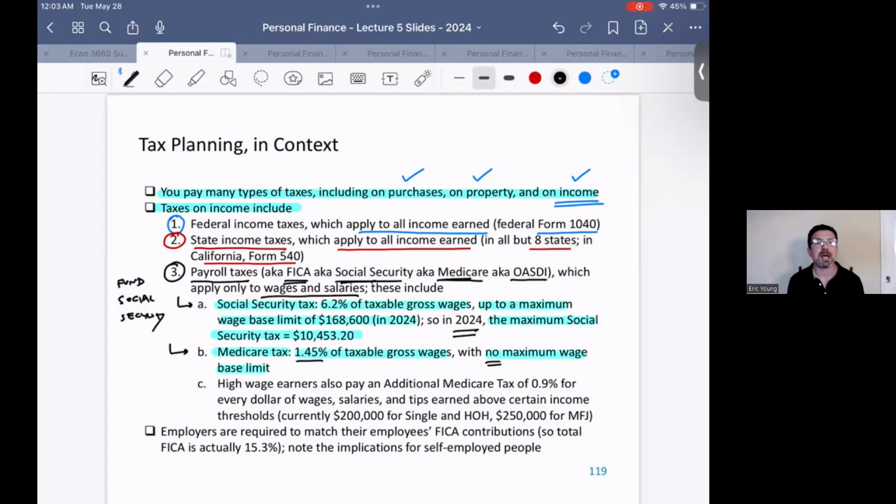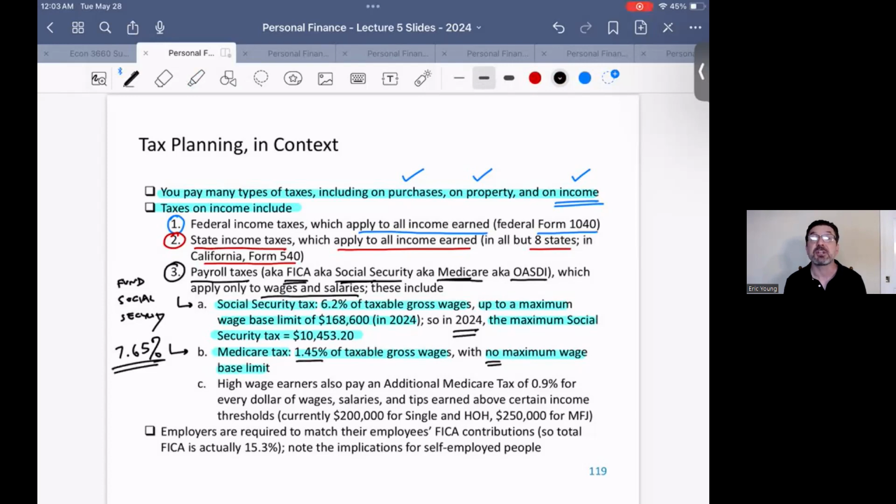So those are the two types of taxes that make up your Medicare, Social Security, FICA, whatever you call them, taxes. Note that together it's 6.2% and 1.45%. So collectively, these taxes equal 7.65% of your income.